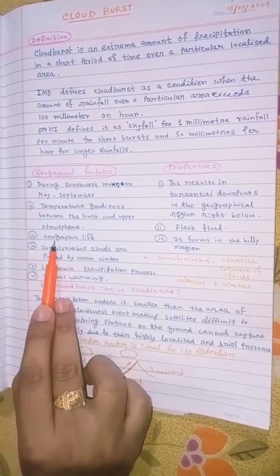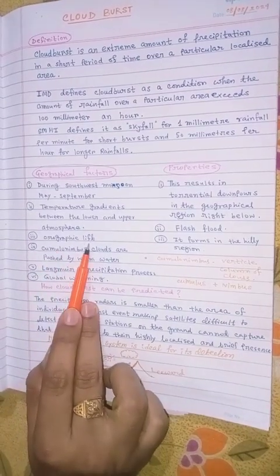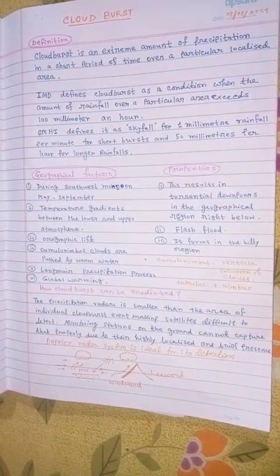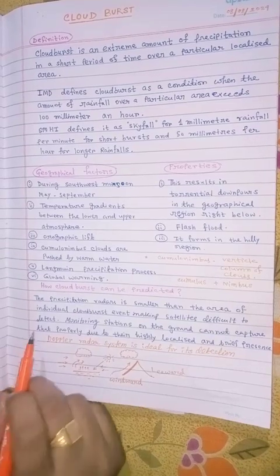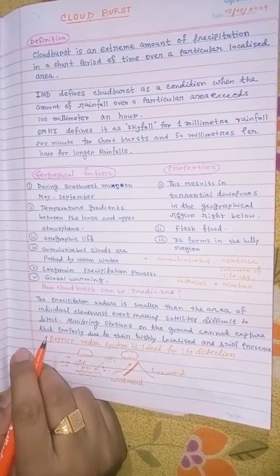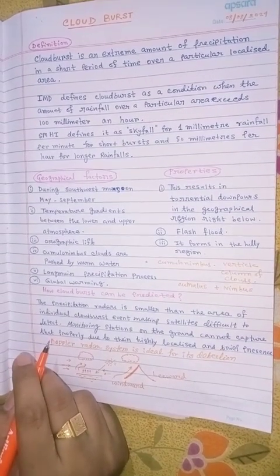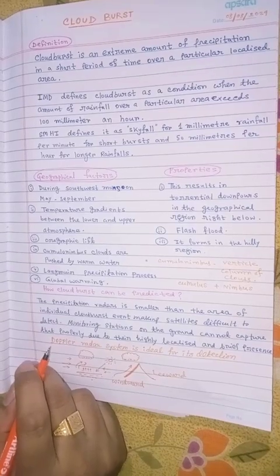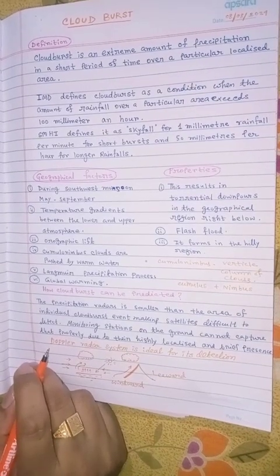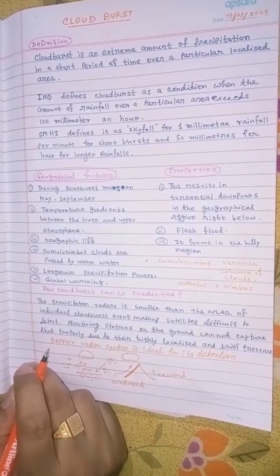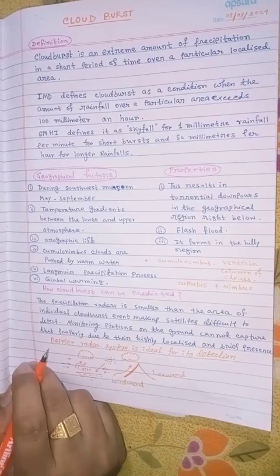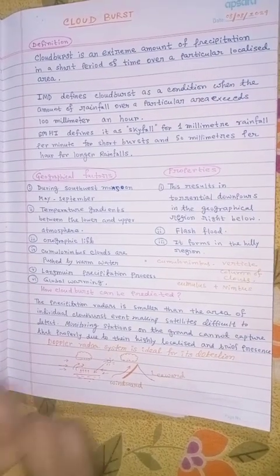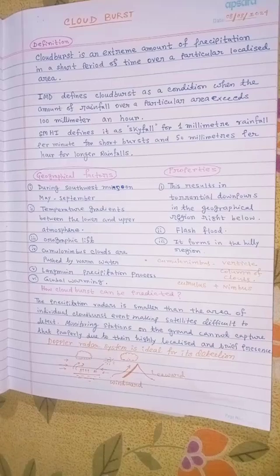Next comes orographic lift. Well, it's a phenomenon when the air mass is forced from a low elevation to higher elevation as it moves over rising terrain. As it gains altitude, it cools quickly and the relative humidity becomes 100%, making rainfall.